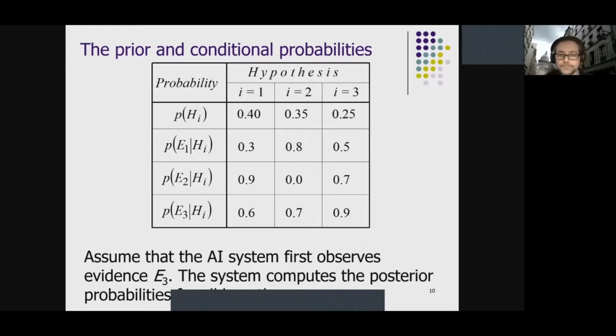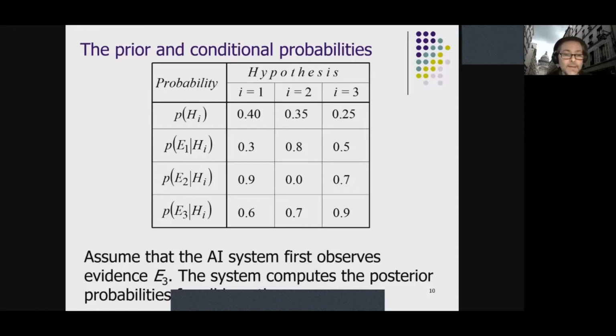There are rows for each one of the hypotheses that the system can examine. So the first one is the probability of hypothesis 1. This is 0.4. The probability of hypothesis 2 is given as 0.35, etc. And then you have other rows which show you conditional probabilities, the probability of E1 given H1, 0.3.